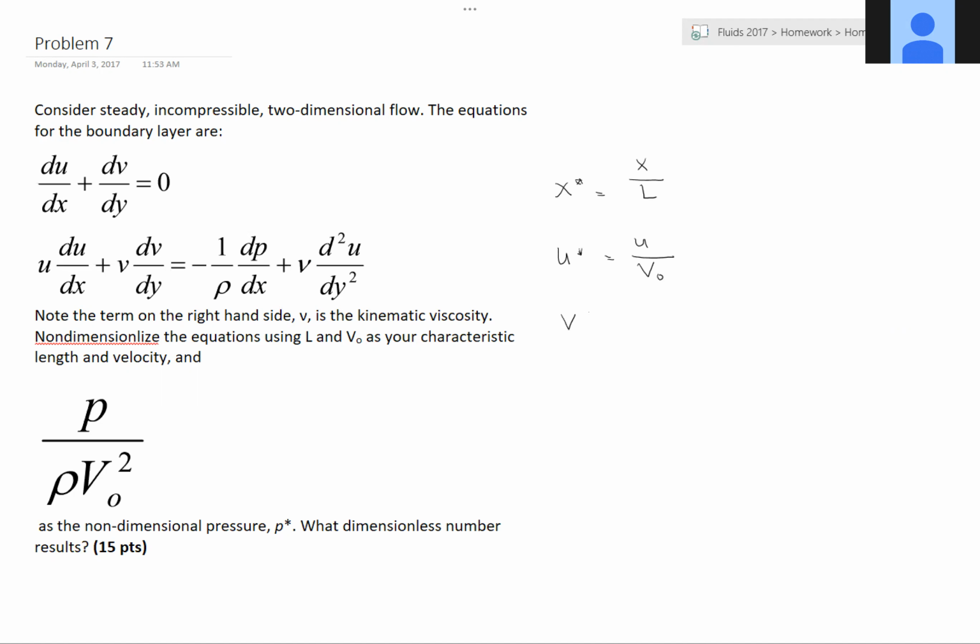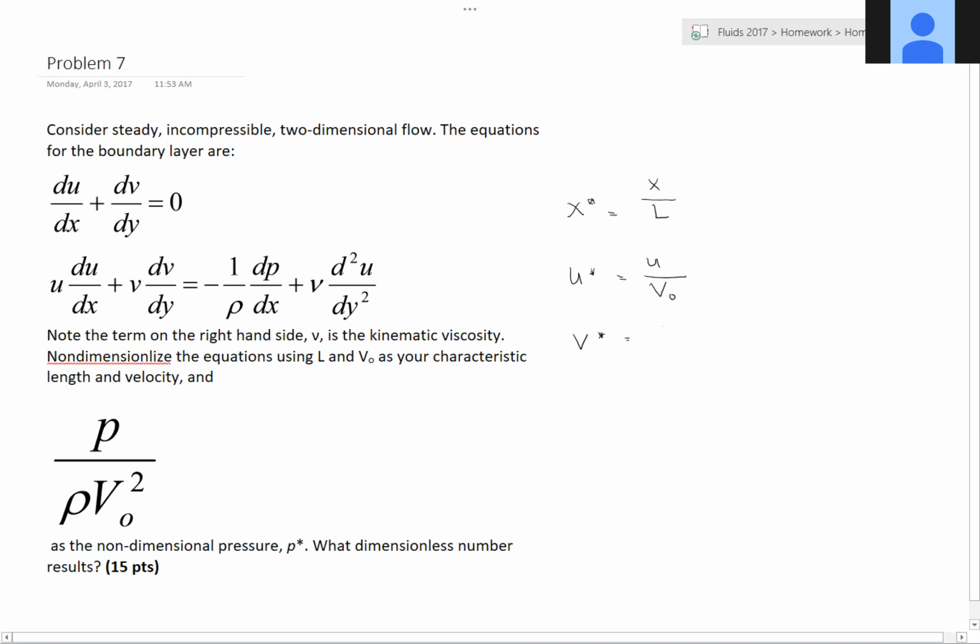What's our v star going to be equal to? Yeah, we did it right before break. So this is going to be equal to v divided by the same characteristic velocity. And in fact, here, we might as well put this up. If we have our y star, what's that going to be equal to?